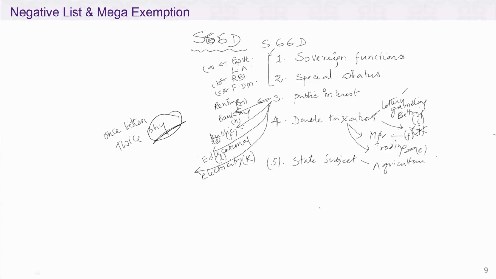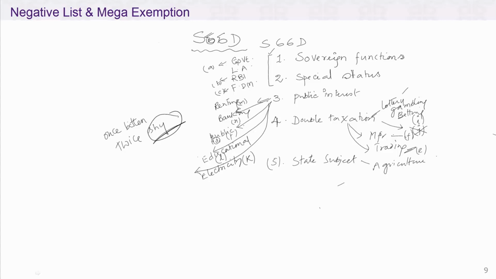So agriculture is a state subject, and even income tax is not aggressive on agriculture. The central government does not want to collect income tax on agricultural activity, agricultural profits, because it's a state subject and also public interest.